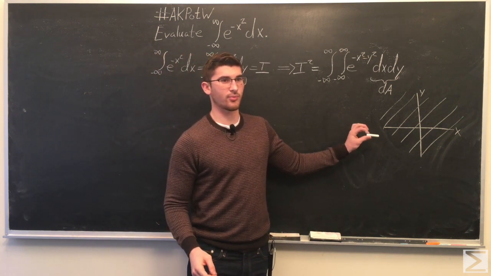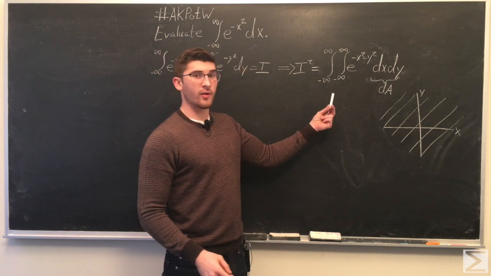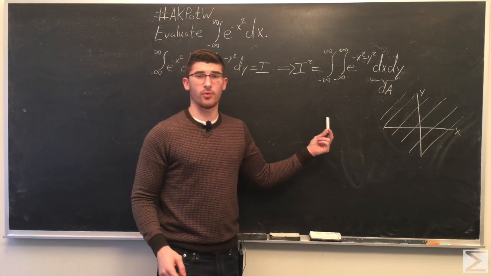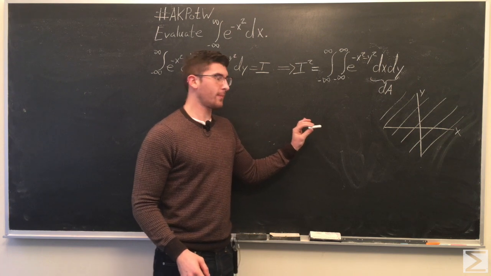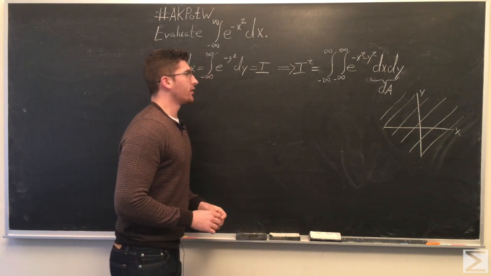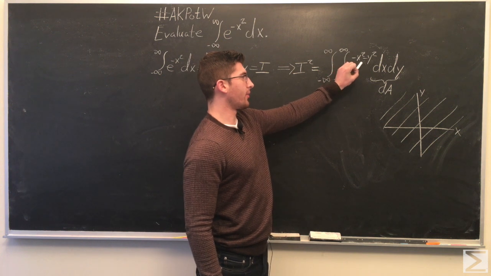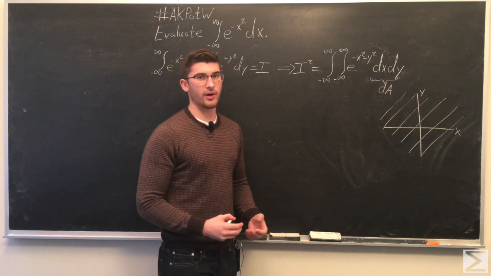The reason that's important is that although right now the integral looks particularly difficult, if we switch into polar coordinates, which is what we're going to do, it will become relatively simple. So let's talk about polar coordinates. Negative x squared minus y squared is equal to negative r squared.